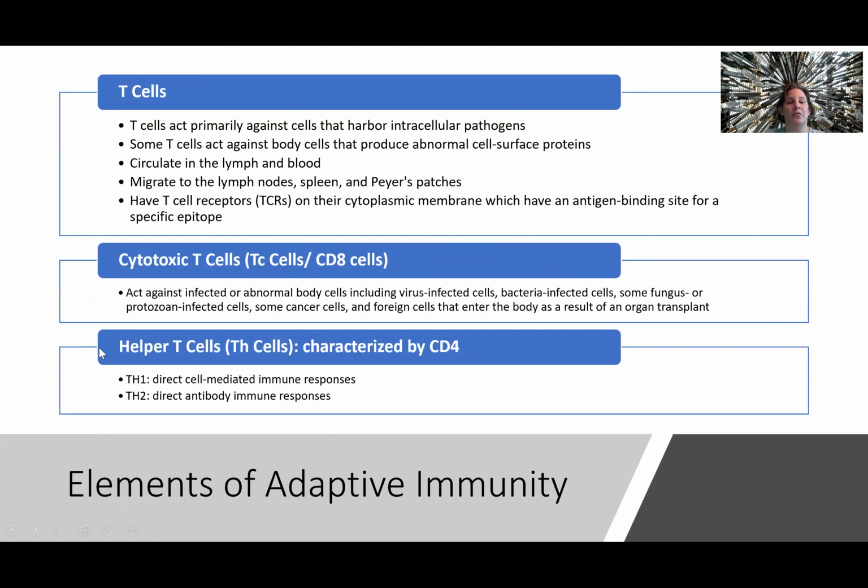And then we also have helper T cells that can direct cell-mediated immune responses. A cell-mediated immune response either asks for help from the second line of defense and the phagocytic cells, or it can direct a specific antibody response. Again, in the book they will sometimes be called TH cells. Sometimes you'll see CD4 cells as well.